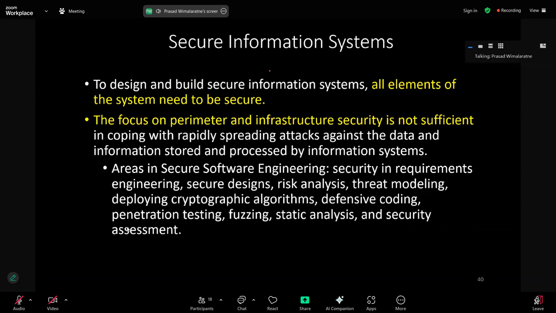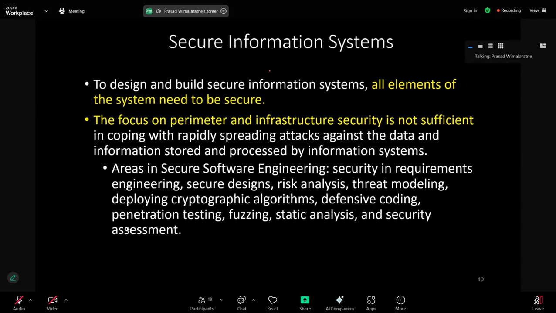Building a piece of software and putting it on a network with the highest possible firewall protection, perimeter security and various tools is not going to help, because I can show you examples where perimeter and infrastructure security alone is not good enough nowadays to protect your information assets or servers.